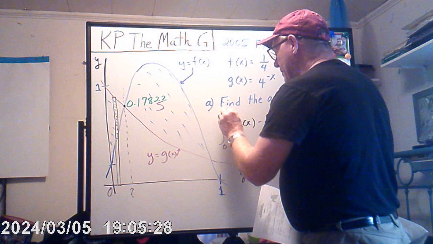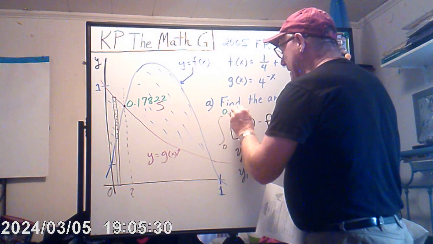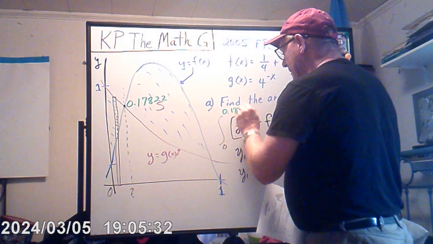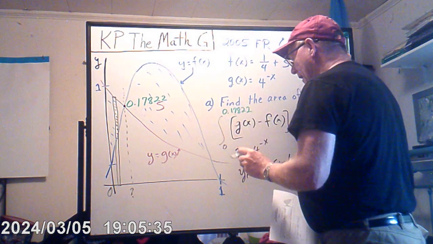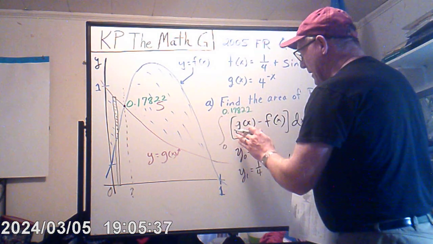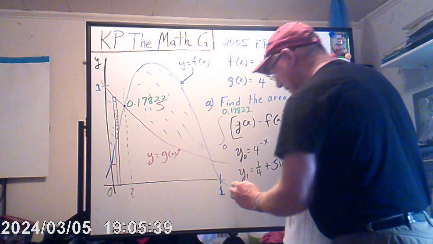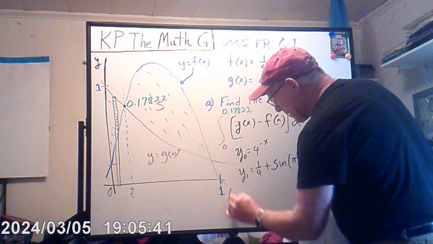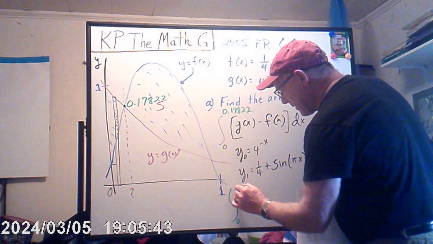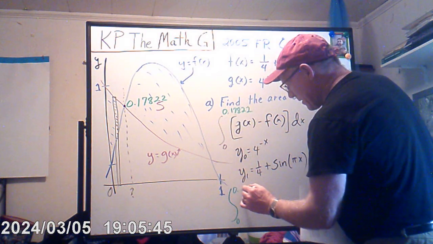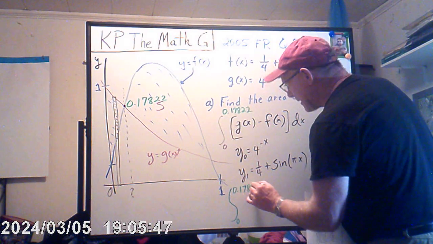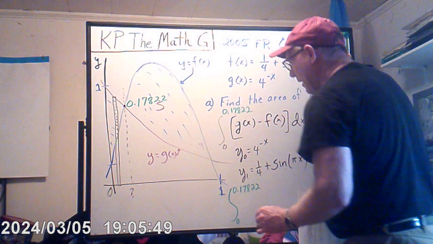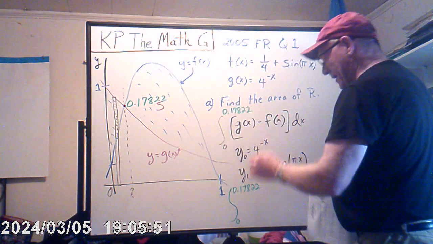So I want 0.17822, and in this case, instead of g at x, I'm going to have this right here, and this is going to be the g at x.